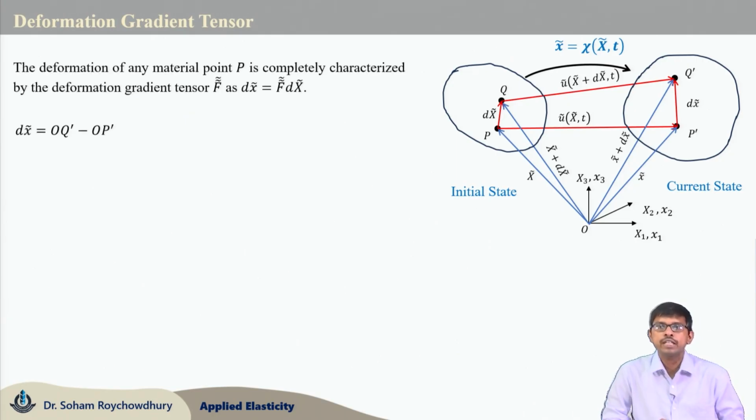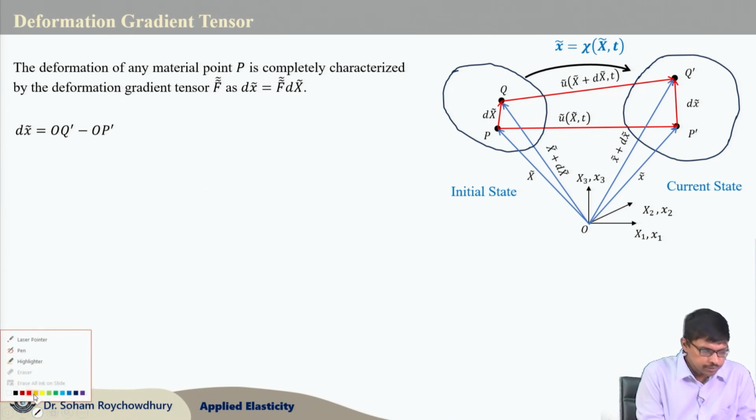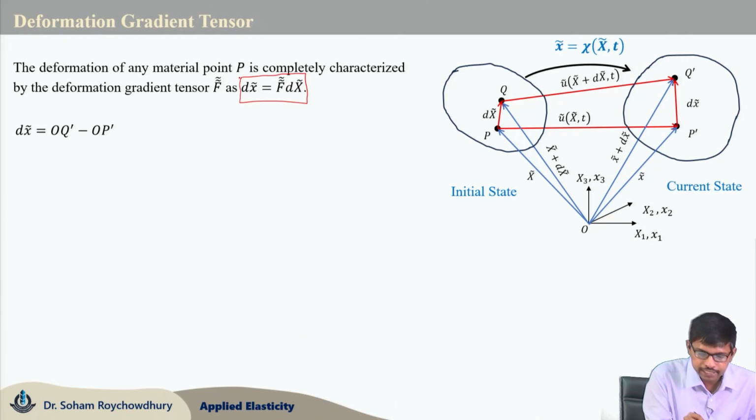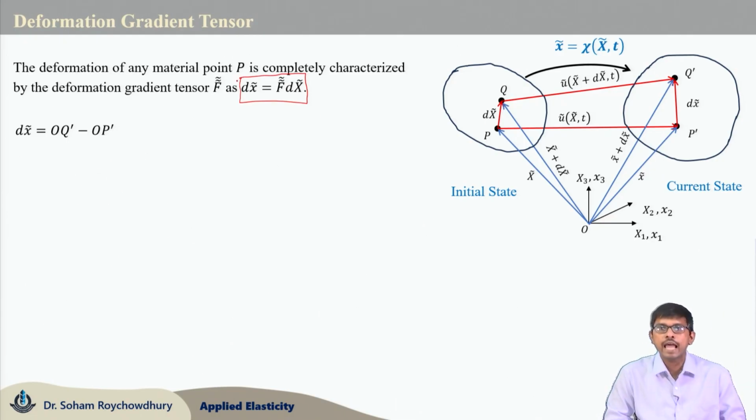Now, the deformation is completely characterized with the help of a tensor known as the deformation gradient tensor, which is described by F, and through this particular transformation law, dx equals F acting over dX for any small elementary vector dX in the initial state. If we act F, the deformation gradient tensor, on that dX vector, this will result in the small elemental line element in the current or deformed state, that is dx.